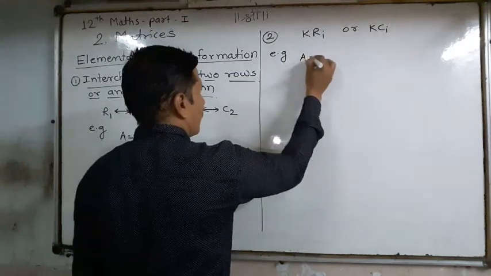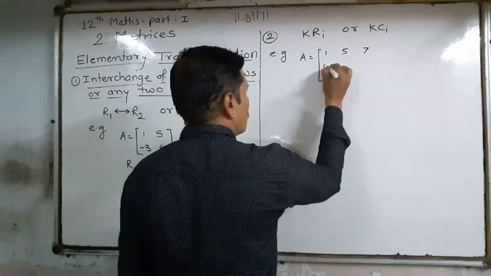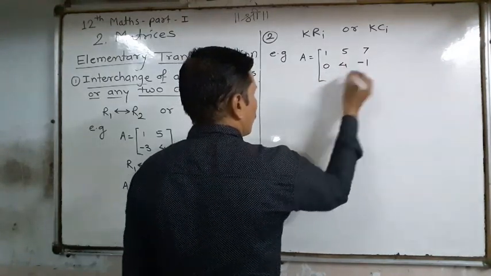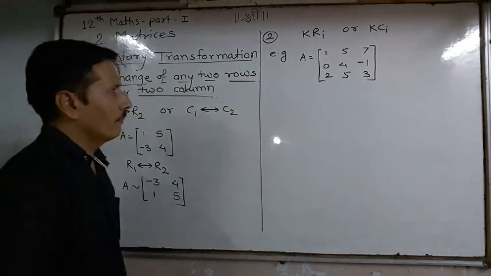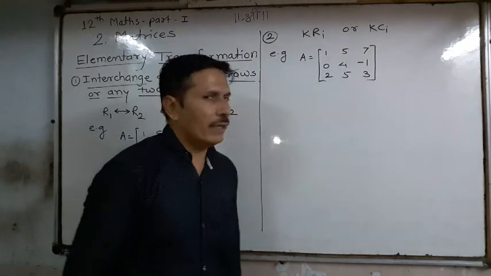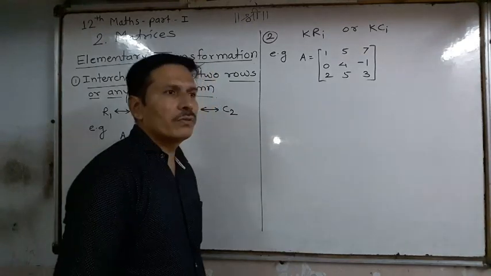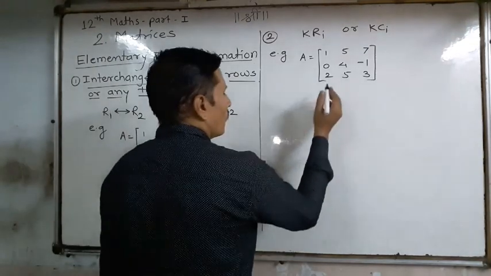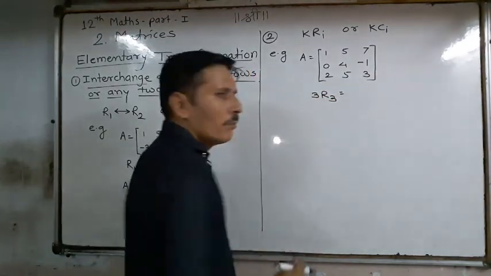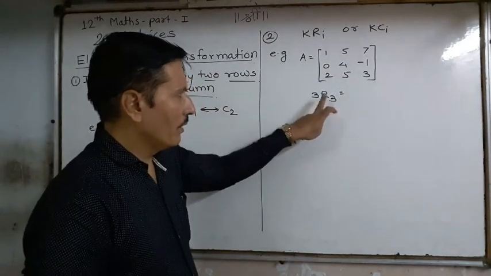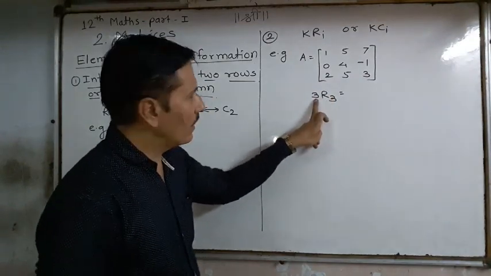For example, A is a matrix of order 3 by 3: [1, 5, 7; 0, 4, −1; 2, 5, 3]. Now we have to multiply the elements of the third row by a non-zero scalar. Suppose the scalar is 3, so we write 3R3, which means multiply the elements of the third row by 3.